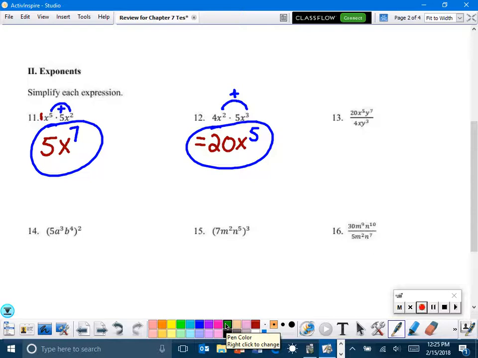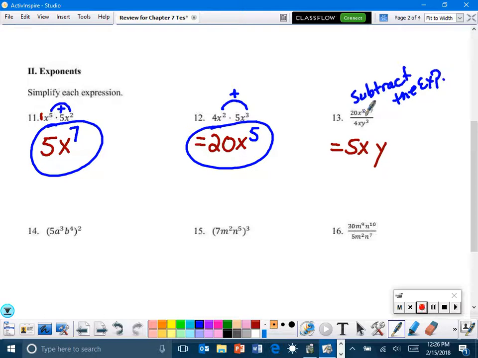Number 13. First, we're going to divide the bases. We've got 20 divided by 4. 20 divided by 4 is 5. Here, we're going to subtract. Now, I'm going to follow that with an x and a y. Okay, but I have to get the exponents. And the rule here is to subtract the exponents.